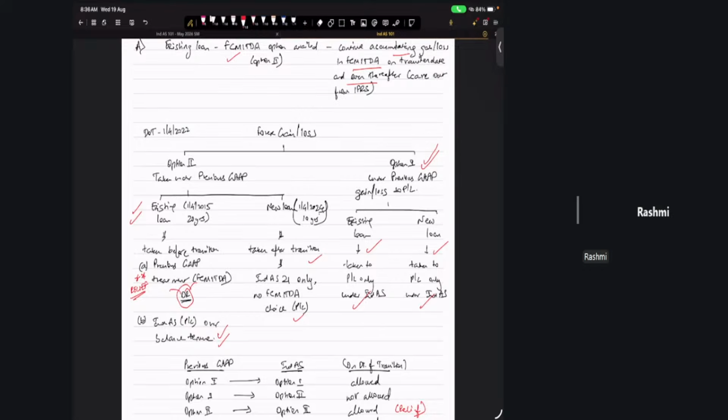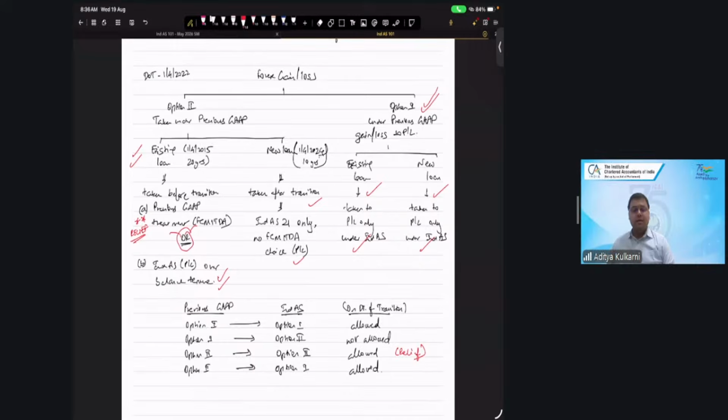Yes, sir. So to put in simple terms, in the previous GAAP, I was following option 1, that means taking the exchange differences to the P&L. In Ind AS, can I continue in option 1? The answer is yes, allowed on the date of transition. Suppose I was operating option 1, taking the difference to the P&L under AS 11, and in Ind AS I want to opt for option 2.